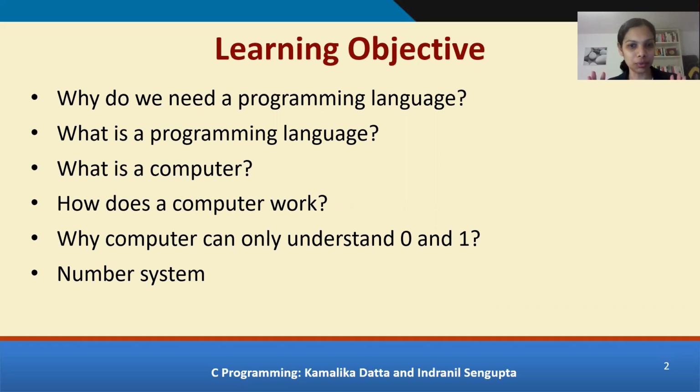So we will also discuss that, and then very briefly the number system, basically not much. And then I'll tell you what an application software is and what the kinds of software are that we use. Okay.